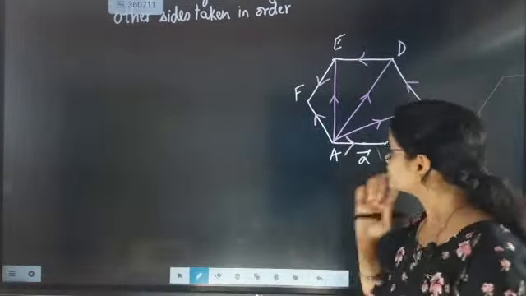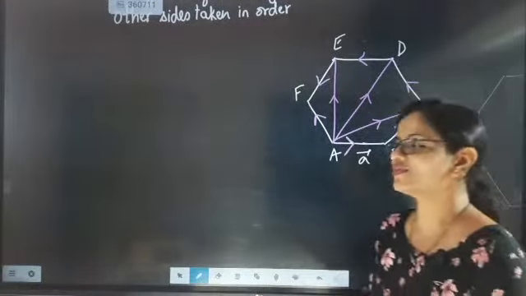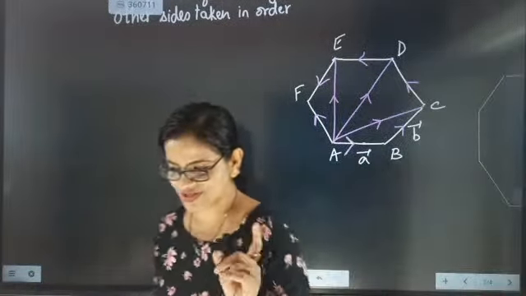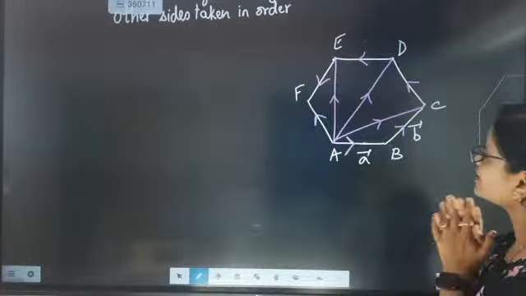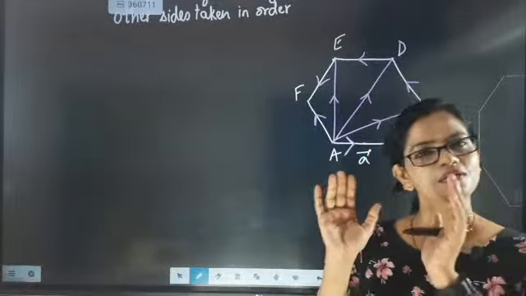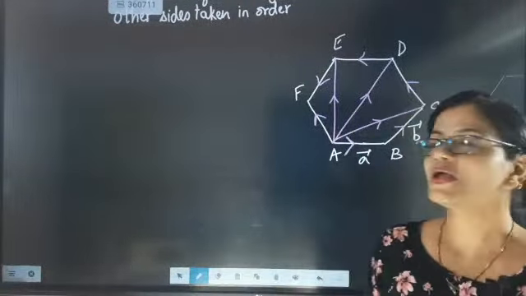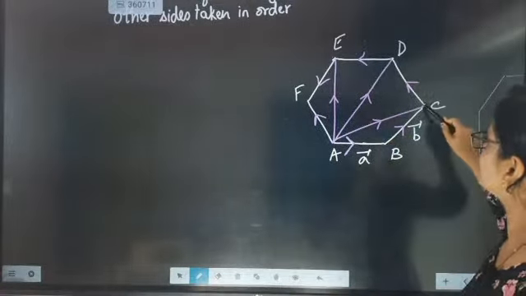So now look here, this is exactly a hexagon. Consider it as a regular hexagon, since in the question they have given a regular hexagon. In a regular hexagon, the sides will be equal. That is a concept. But one more important thing is that this line will always be double of this side.